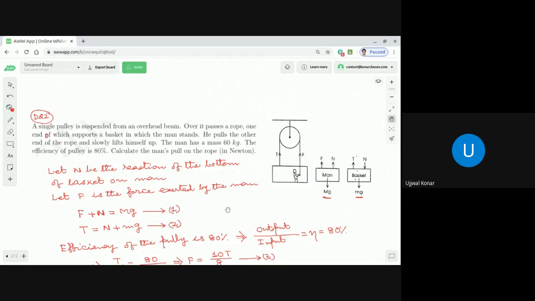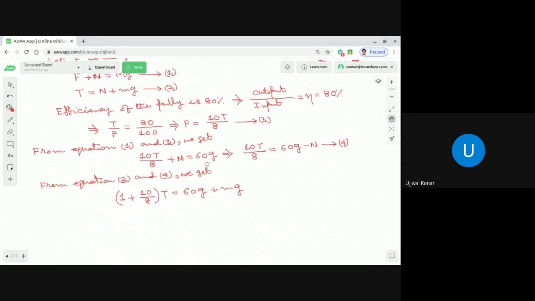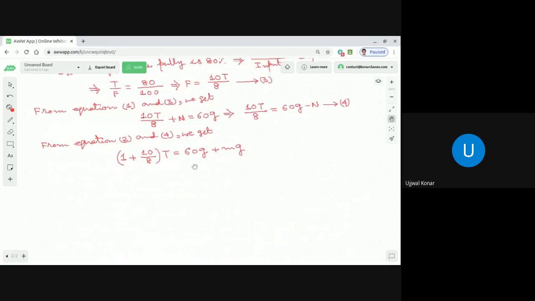So what I see is that the mass of the basket is actually 10 gram, let's assume. Okay, you got my point, dear students? So let's assume the mass of the basket be 10 kg actually, not 10 gram, 10 kg. So then lowercase m should be 10 into g. Let's assume that m is equal to 10 kg.